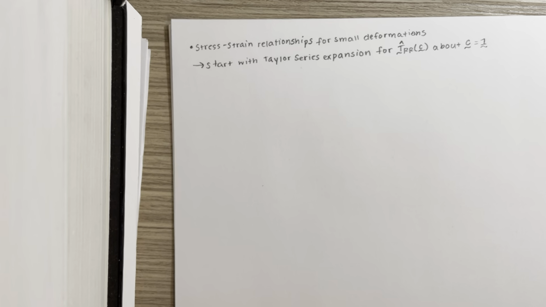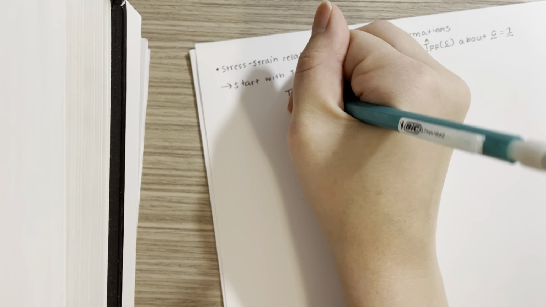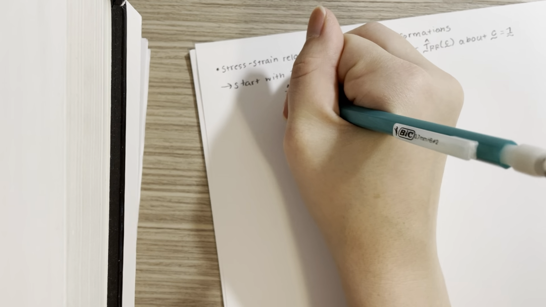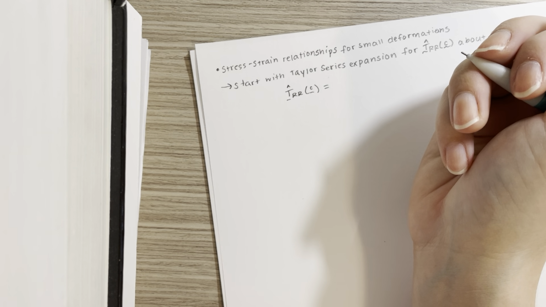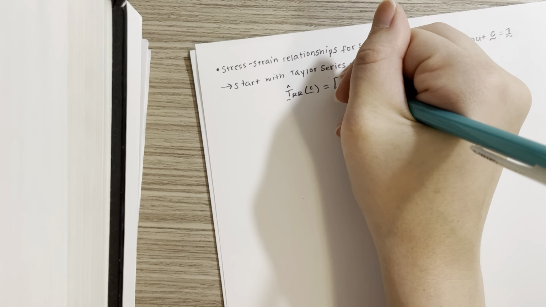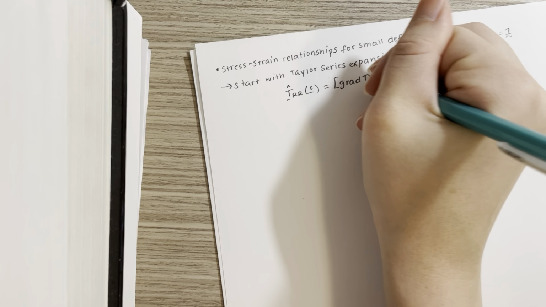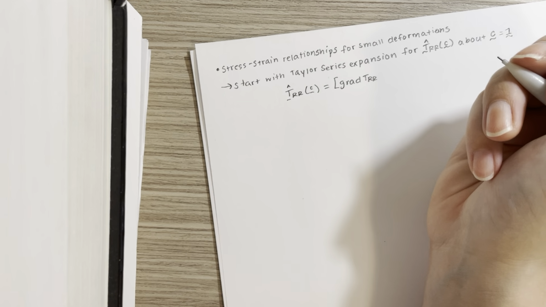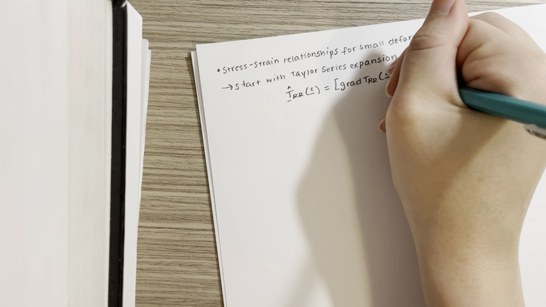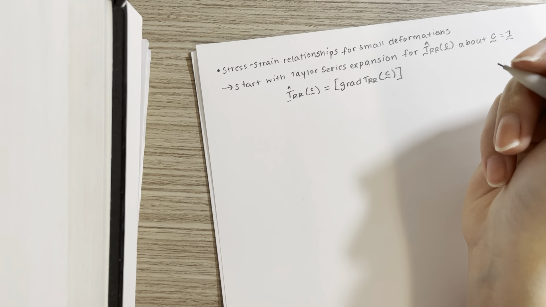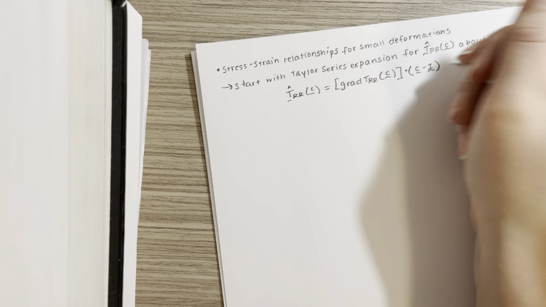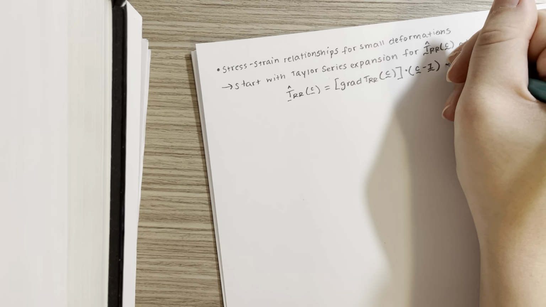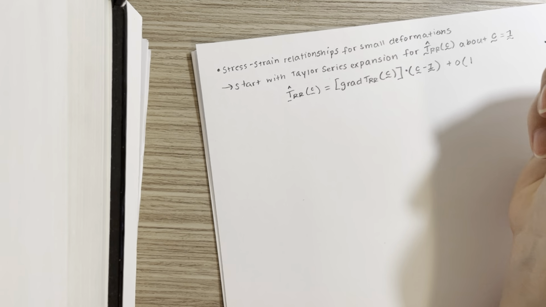So when we do this, we'll get an equation of the form T_RR hat of C is equal to grad T_RR hat of C times C minus the identity tensor plus some higher order terms.